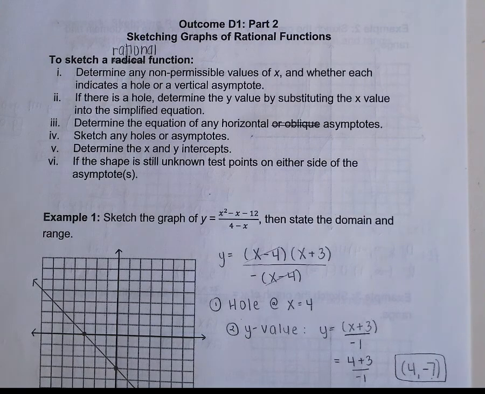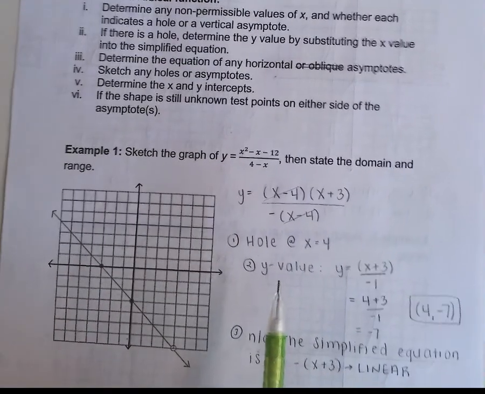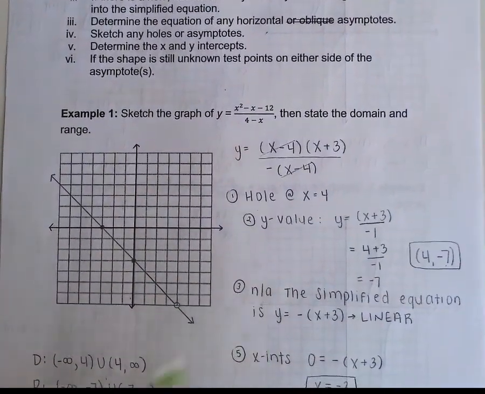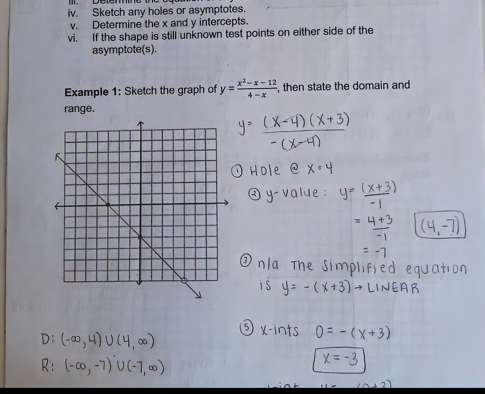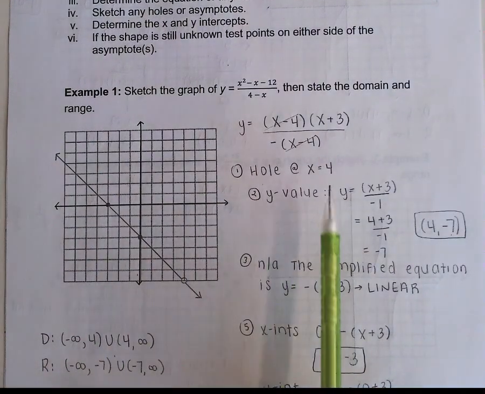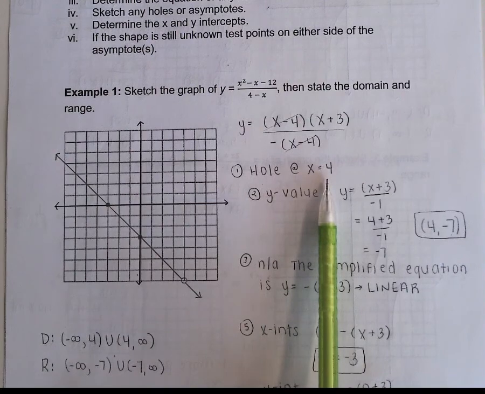In example 1, the first thing I did was factor the top, and in the bottom I factored out the negative. This allows me to see that there is a common factor of x minus 4. Because I have that common factor of x minus 4, it means that I have a hole at x equals 4.